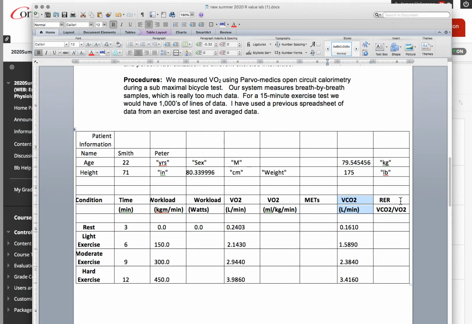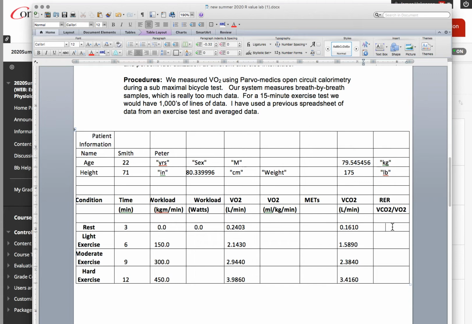Remember that the respiratory exchange ratio is a ratio of VCO2 produced divided by VO2 consumed. So you're simply going to take this number and divide it by this number, and that will be your R value. And remember, the range of these R values should be around 0.7 to around 1.